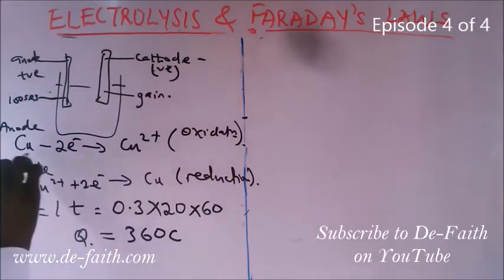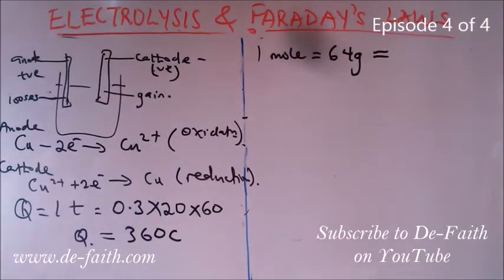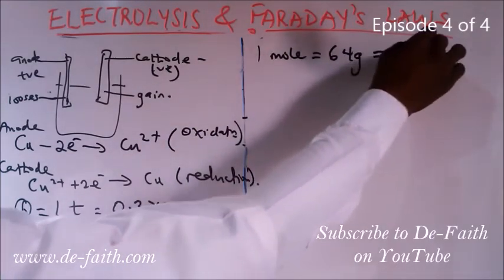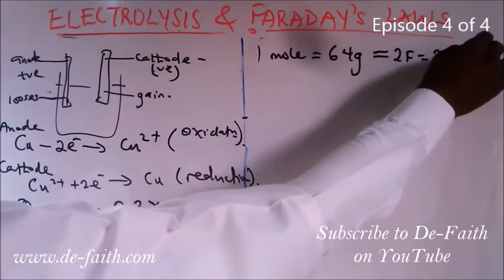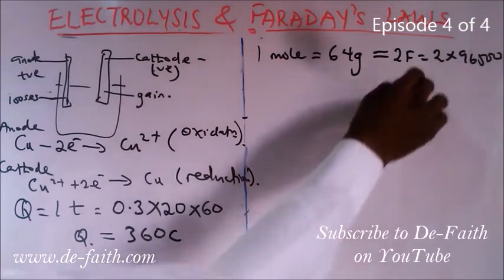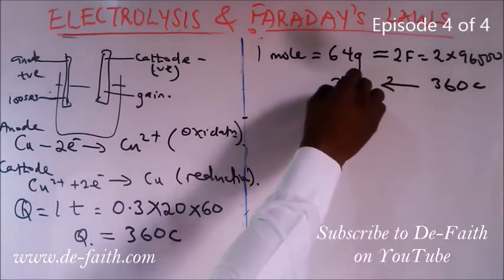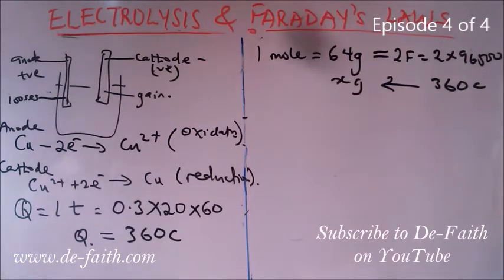Now from this reaction here, we have 1 mole of copper is equal to 64 gram when 2 Faraday, which is 2 times 96,500 coulomb of electricity passed through it. Hence, if 360 coulomb of electricity passed through it, what is the mass of copper that will be produced or deposited?